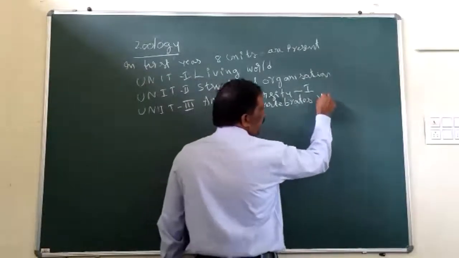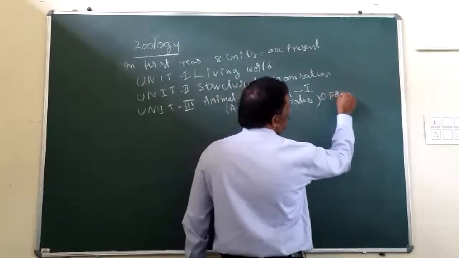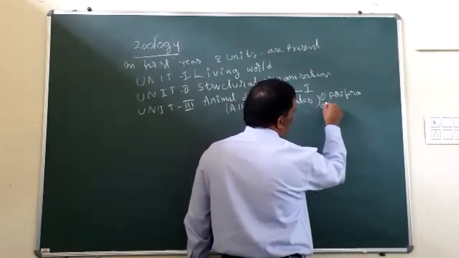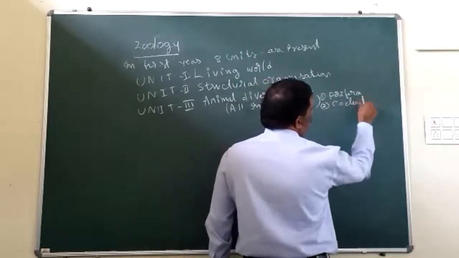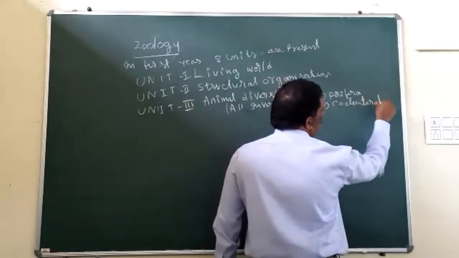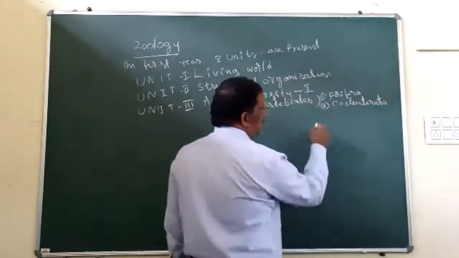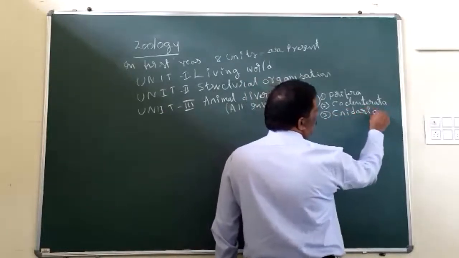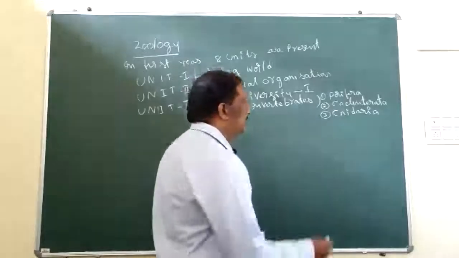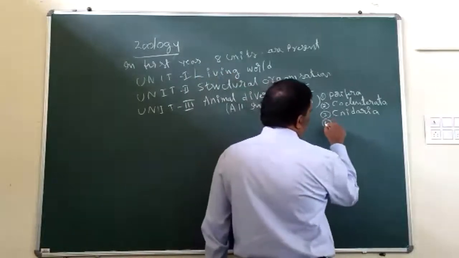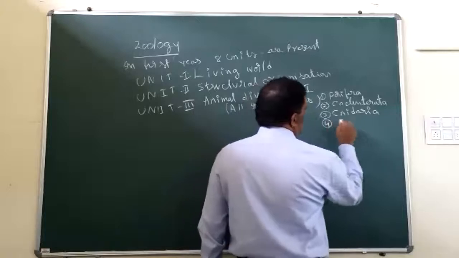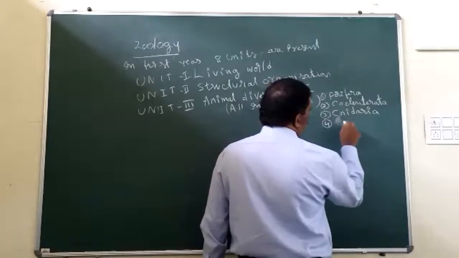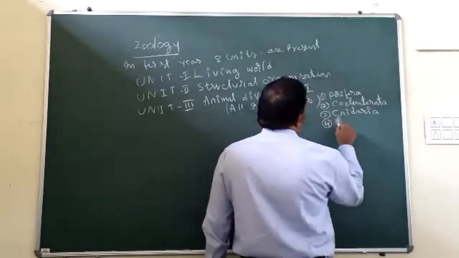The phylums are: one is Porifera, second one is Coelenterata, third one is Cnidaria, and fourth one is Aschelminthes.